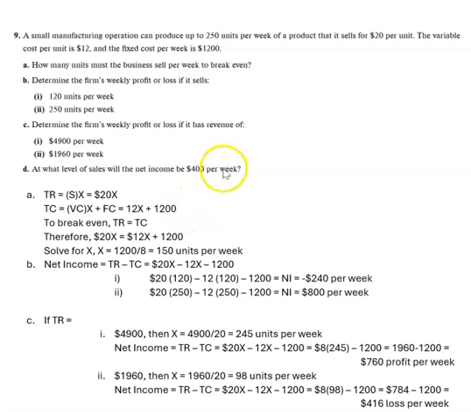C, determine the firm's weekly profit or loss if it has revenue of $4,900 per week or $1,960 per week. Here we know what the total revenue amount is, but we don't know the number of units. But we know each unit sells for $20, so if we take the 4,900 divided by your $20, that's going to give us the number of units.